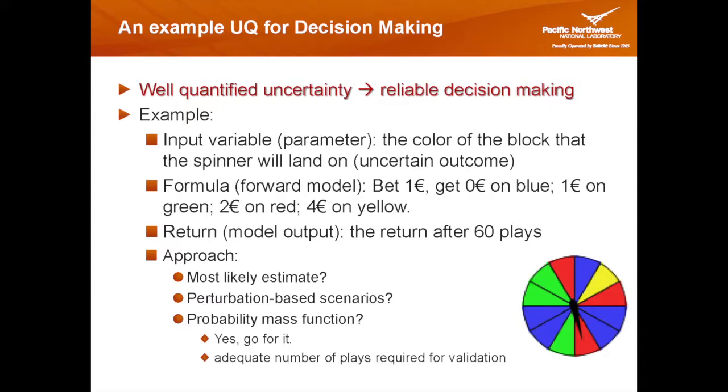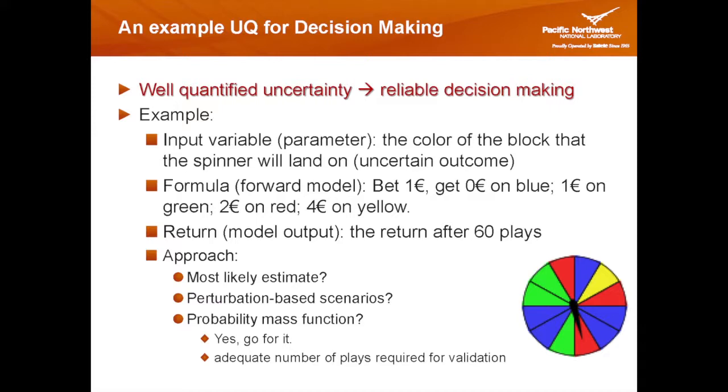The approach, there are many ways. Like we discussed yesterday, we can look at different scenarios. Within each scenario, we can do some sampling, ensemble-based simulations. Or we can use the probability mass function to do a more systematic or exploratory sampling. So given the most likely estimate, we did the exercise that the probability to land on blue is unlikely, right?